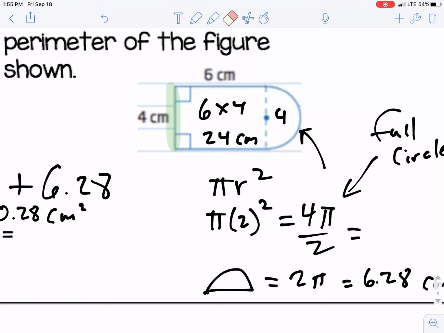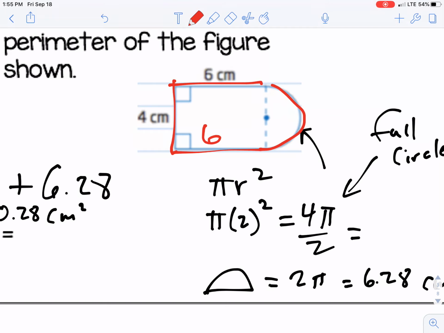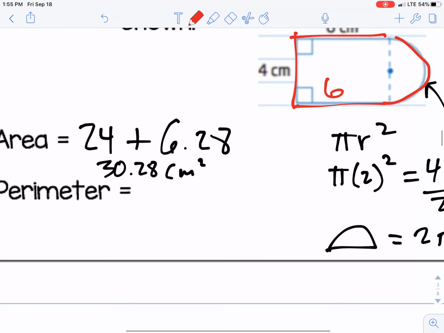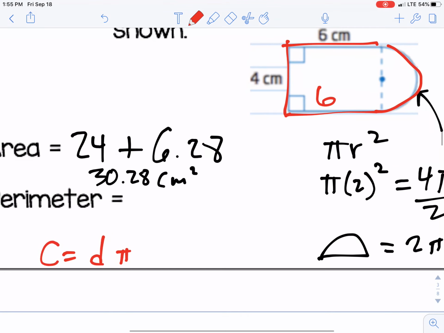All right, the perimeter on this one, I'll just use a different color for perimeter. The perimeter is going to be a little trickier, okay, because we got 4, we got 6, we got 6 here, and now we have to find half the circumference. All right, well, we know that the circumference is diameter times pi, and the diameter is 4, so the circumference is 4 pi.